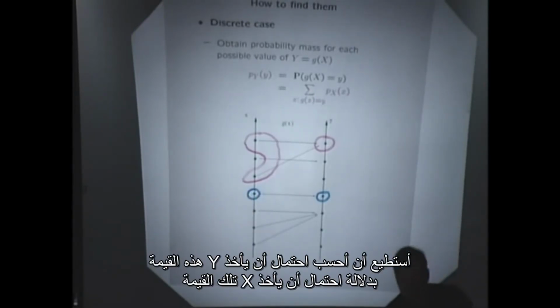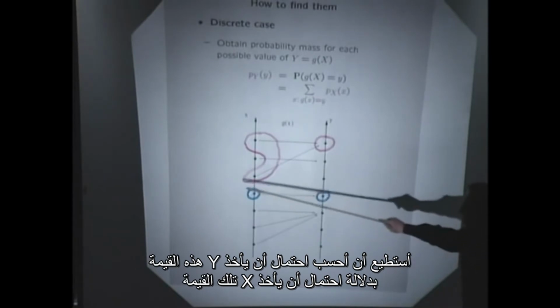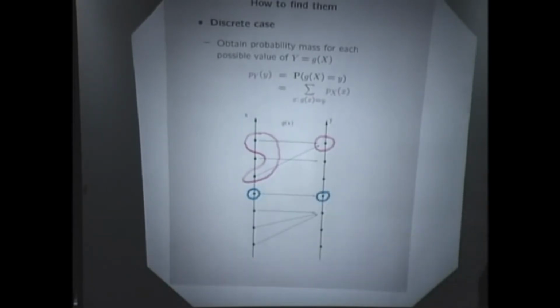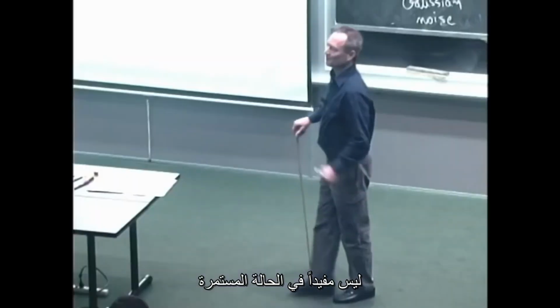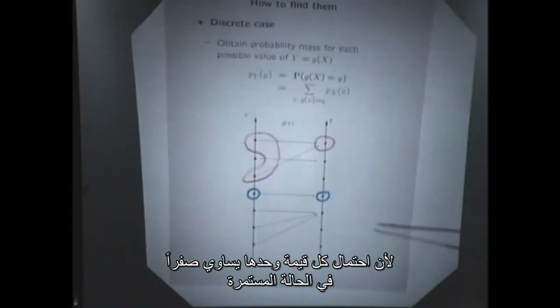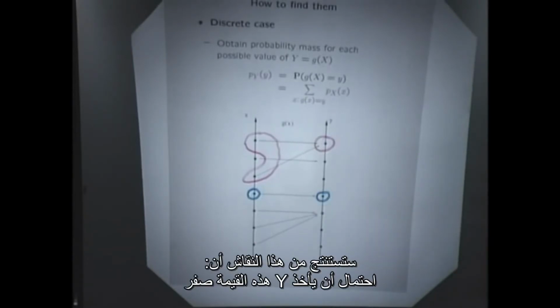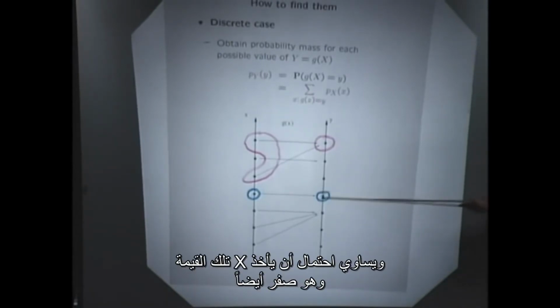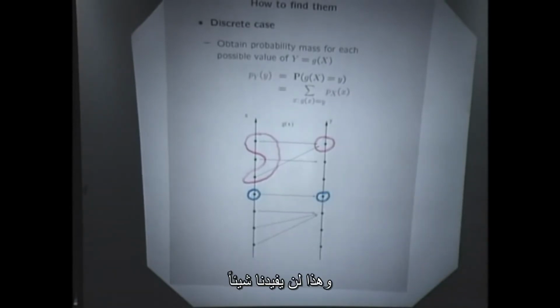So I can find the probability of y being this in terms of the probability of x being that. Is this useful? In the continuous case, it's not, because in the continuous case, any single value has zero probability. So what you're going to get out of this argument is that the probability that y takes this value is 0 and is equal to the probability that x takes that value, which is also 0. That doesn't help us.